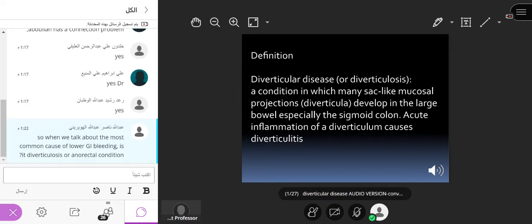Are you with me? Yes, doctor. Okay. So just the presence of diverticulosis can be symptomatic or asymptomatic, right? Asymptomatic may progress and cause complications.